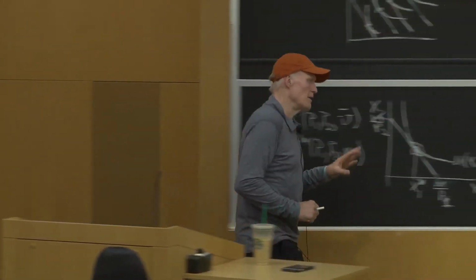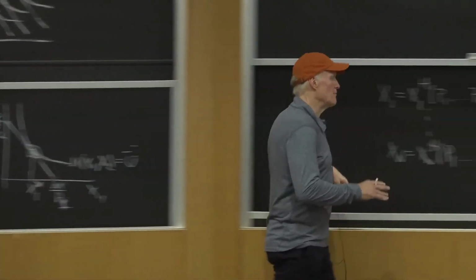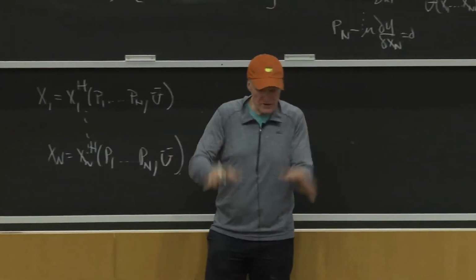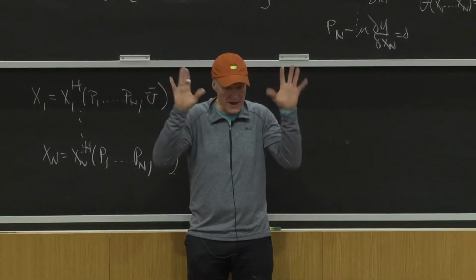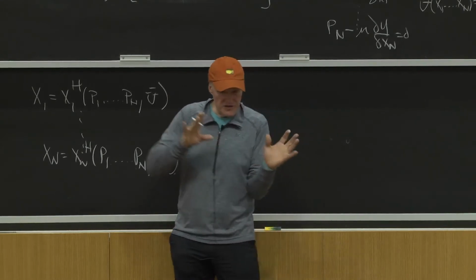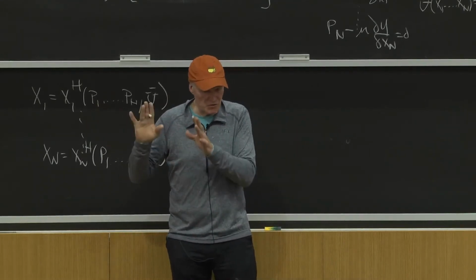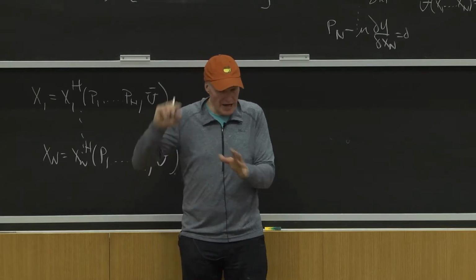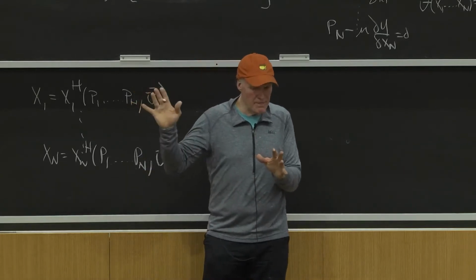People understand that, right? So now I've got two ways of thinking about the consumer problem. I can think about what we call the direct solution, which is maximizing utility subject to a budget constraint. That yields a set of Marshallian demand curves that describe the consumer's choice as a function of prices and income.